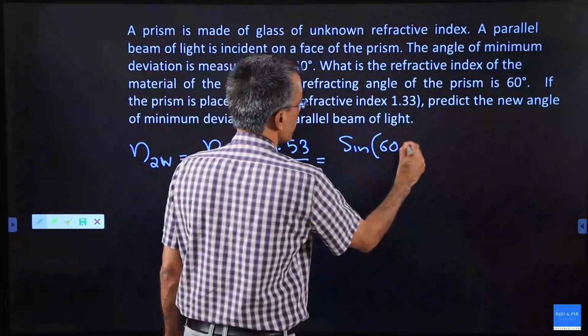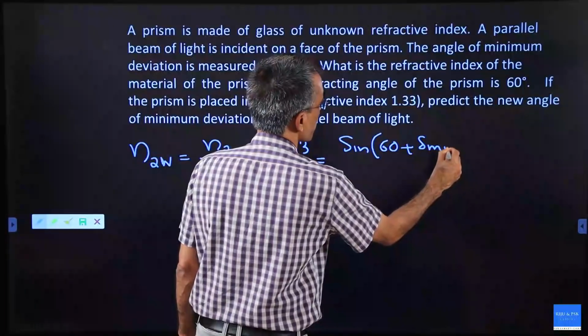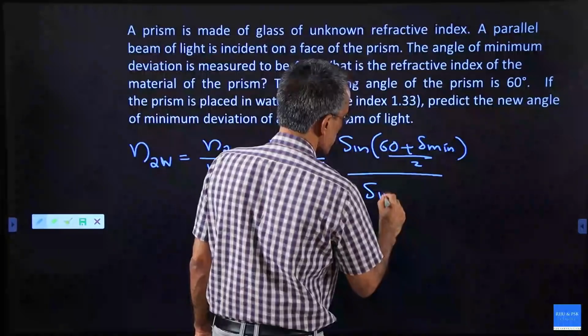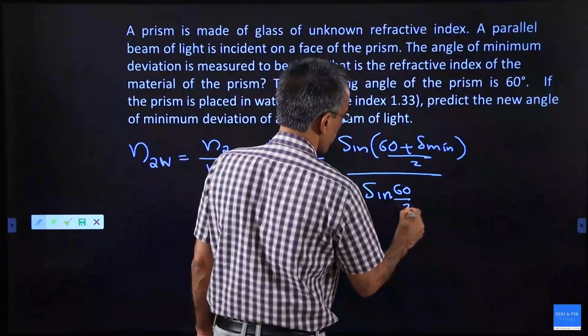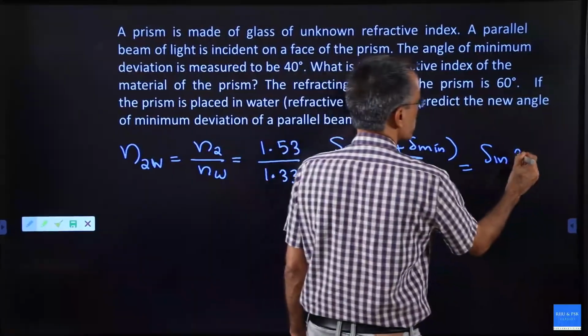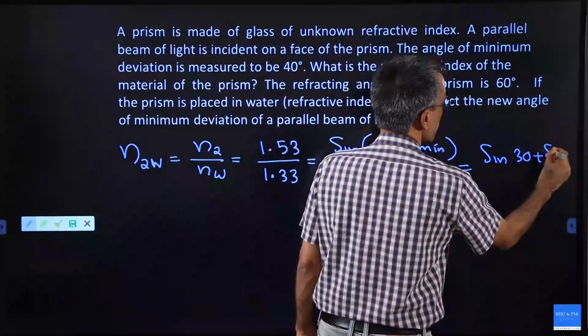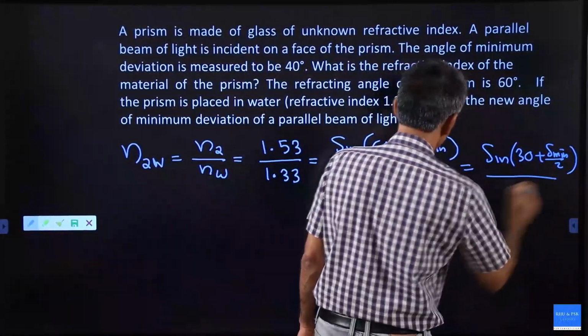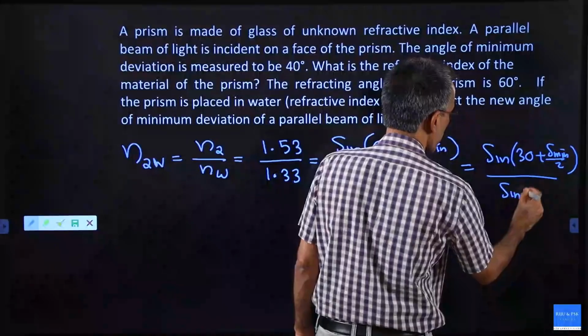is equal to sine of (angle of the prism 60 plus delta minimum) divided by 2 divided by sine of 60 divided by 2. So this gives you sine of (30 plus delta minimum by 2) divided by sine 30.